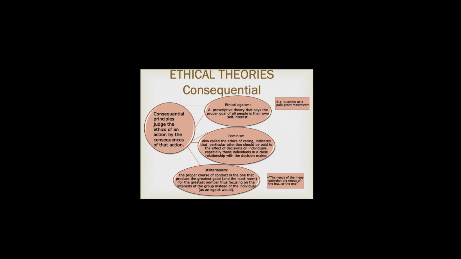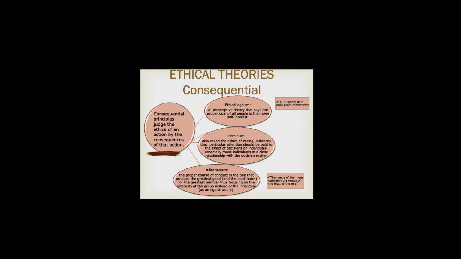And that's what we have here on the far left circle. In the middle of this slide, we have several popular consequential ethical theories. So we're going to go through those somewhat quickly. You really should look in the book, and also you can look on the internet to find other more detailed explanations of these theories. So one is ethical egoism.